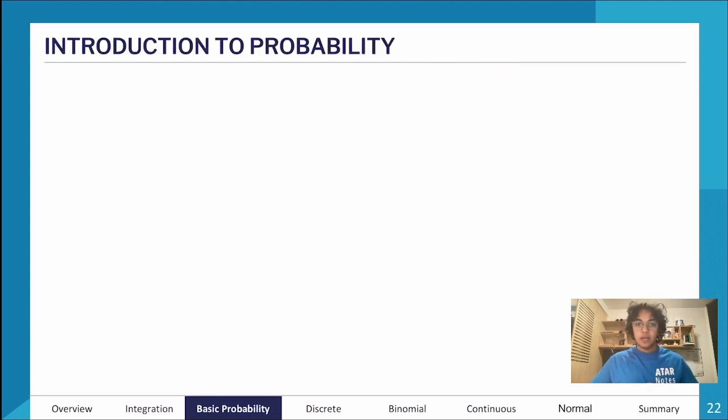Okay, now to start with probability. One thing I'll preface this with is that a lot of people think probability is going to be their worst topic, simply because, I feel like from maybe year 10 onwards, probability does get pretty hard, right? Personally, I sucked with probability. Even in year 11, I really sucked with probability.